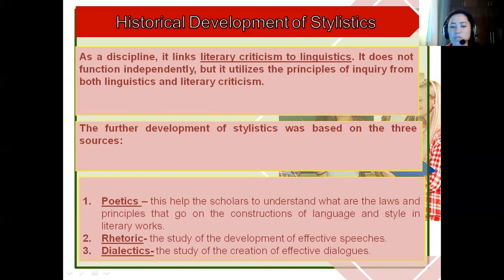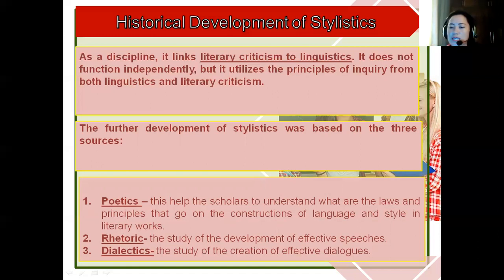So it is not only limited to poetry. Actually, it is on literary works, therefore it also involves other forms of literary works like plays and stories.